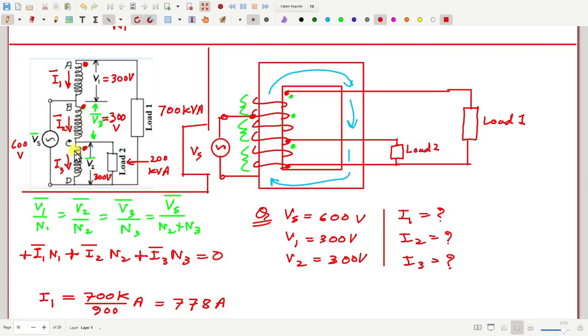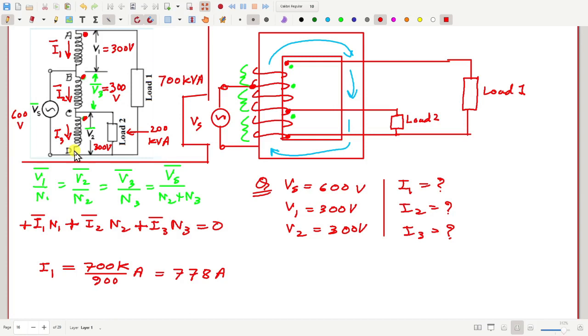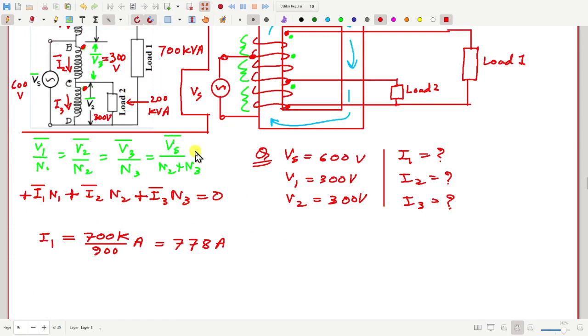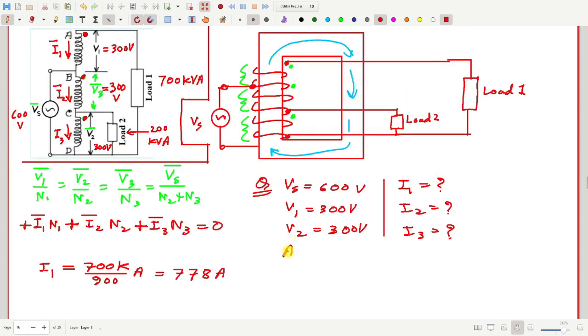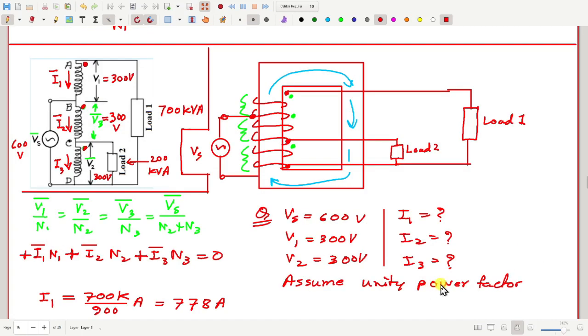Now, it is not necessary, but to make this problem easy, assume unity power factor for all loads. Then how much is the current here?